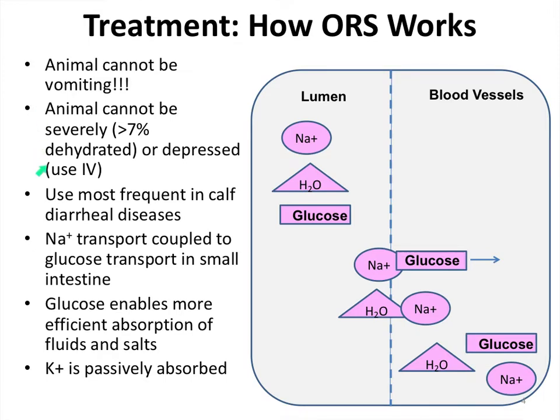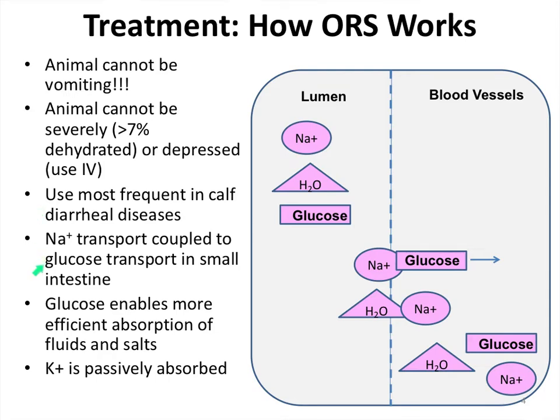And we mentioned before, not severely dehydrated, maybe mildly dehydrated. If they're more severely dehydrated, use IV first, and then maybe maintain the animal with oral fluid replacement like this. You'll see it most commonly used in calf diarrheal diseases.